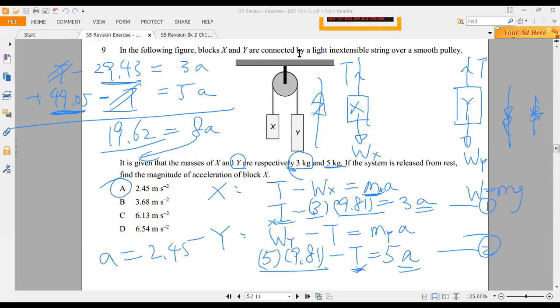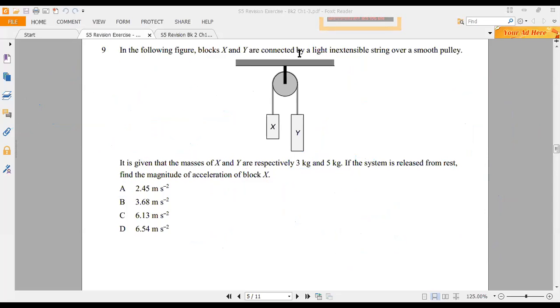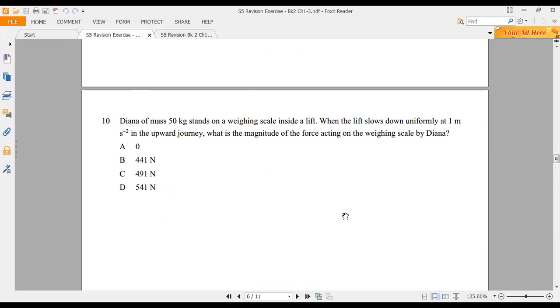Okay, so that's the first question. So let's continue. Okay, second one. This one is a bit easier. Diana is standing in the lift, and the lift slowly moves down uniformly with an acceleration downward of 1 meter per second squared.